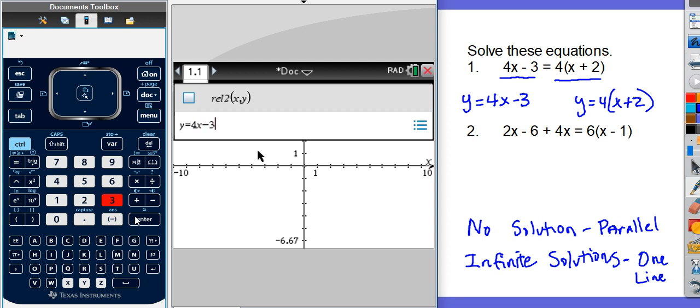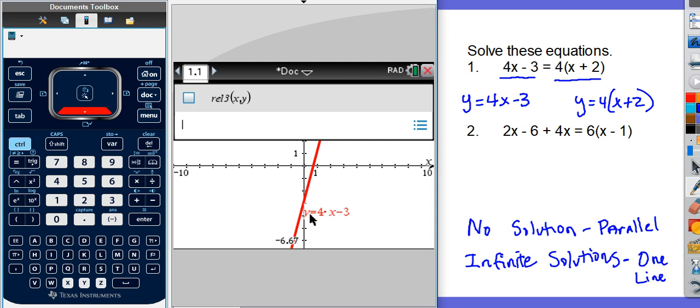Now, if you hit enter right now, it should show you a line, but it's going to take this screen off. And then you'll have to hit your menu 3, 2 again to bring it back up. Well, what I found is easier is just to hit down. And when you hit down, you'll see this line appears.